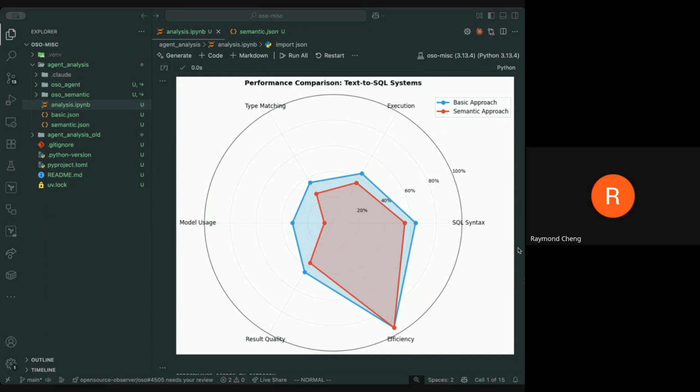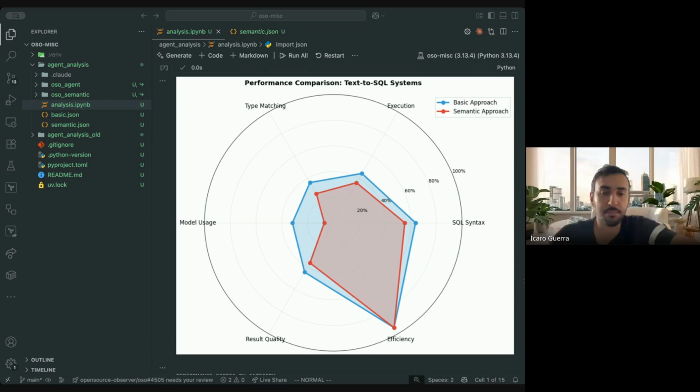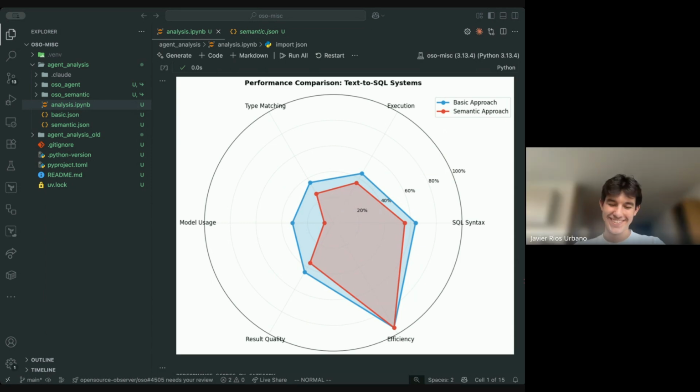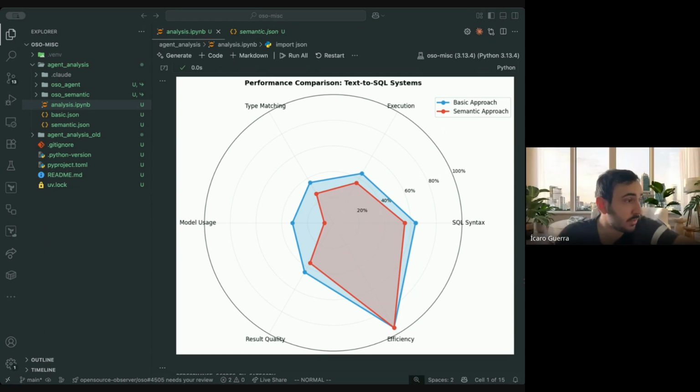I'm curious, Ikaro, what are your thoughts on evaluating the agent under private data settings? Because none of these evals, or none of these datasets, are going to be helpful for you. Yep. But what we want to do is make sure that the agent is good at using the context provided in the registry.